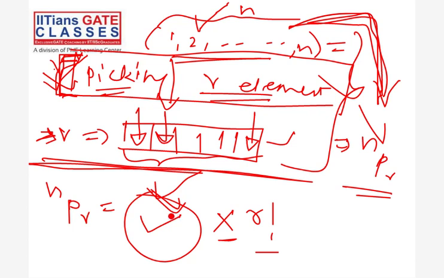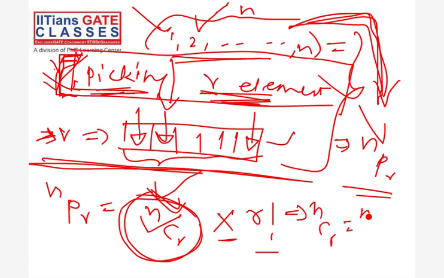So we are interested in how many selections of r elements are possible from a set of n elements. So what will be this formula? From here you can find, let's call this nCr, so this nCr will become nPr divided by r factorial. So this is our final formula.